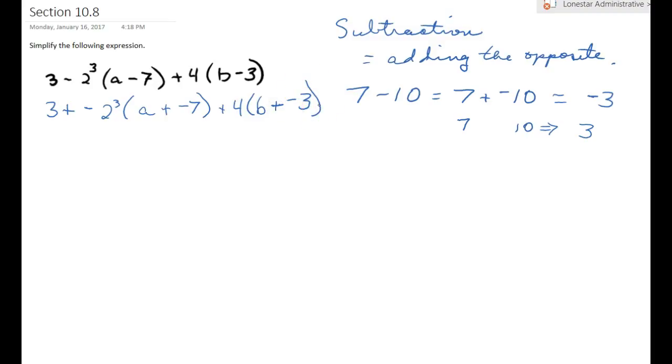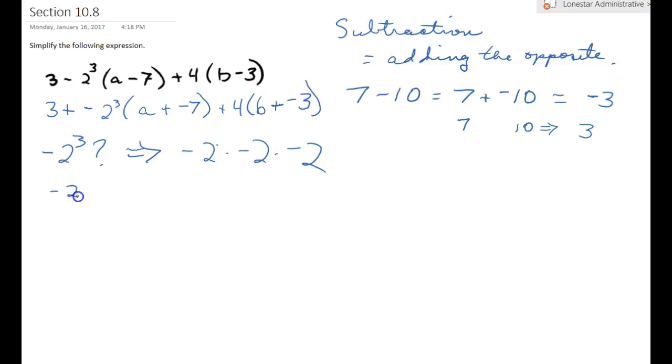Okay, now this helps us not make mistakes with our negative sign. What is negative 2 cubed? It does not equal negative 2 times negative 2 times negative 2, which is a mistake a lot of people make, because the negative isn't cubed.